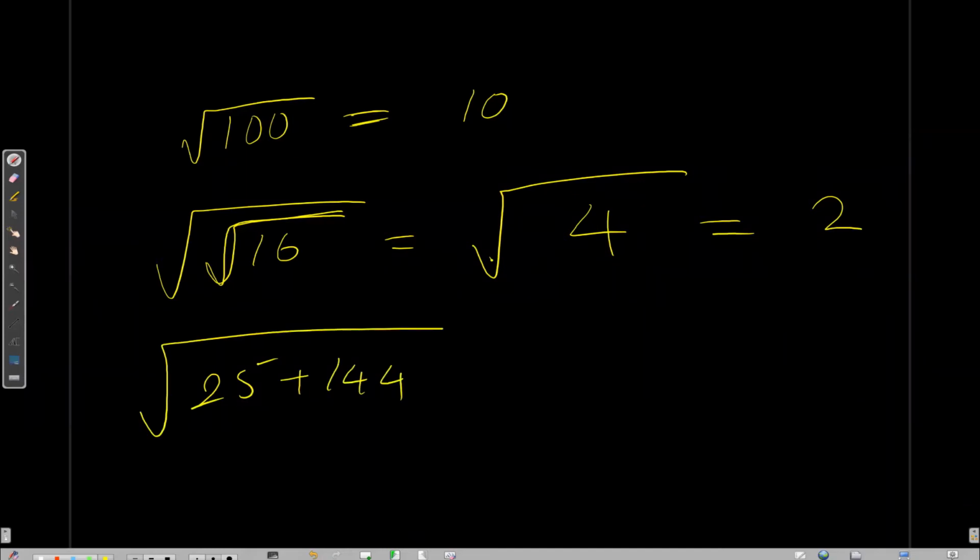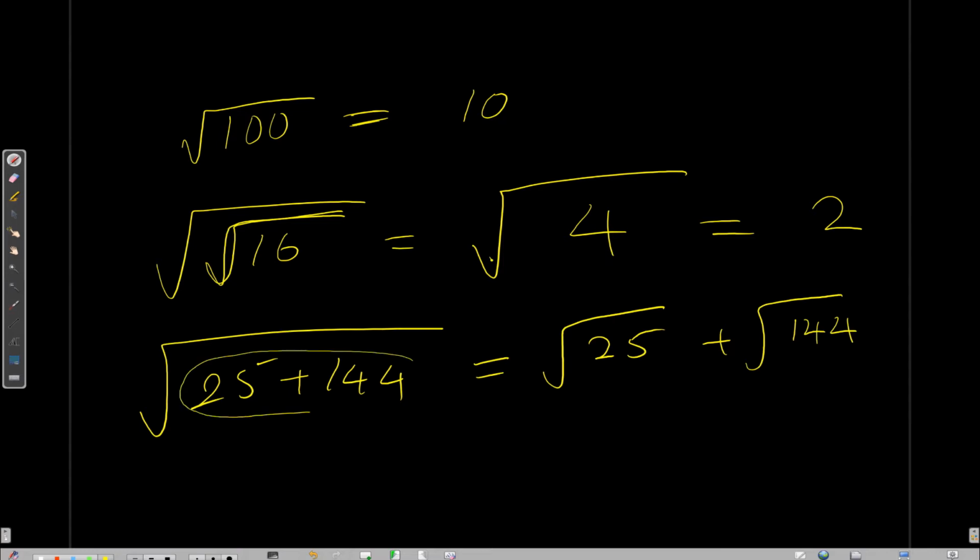Well, can you see, I'm trying to address, can you do this? Nope, you cannot do this. We can check. Actually, the way to go is you have to add this first. You add it first, 169, then take the 1/2 for square root, and that's 13.